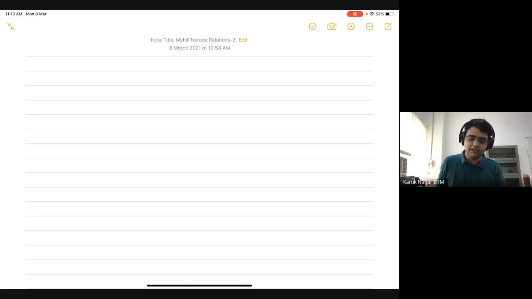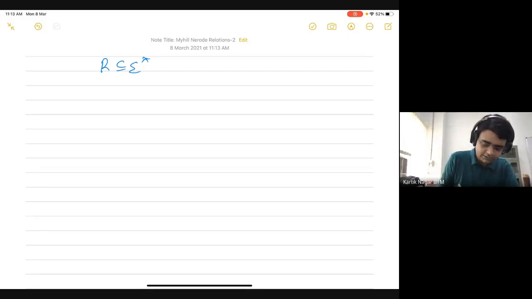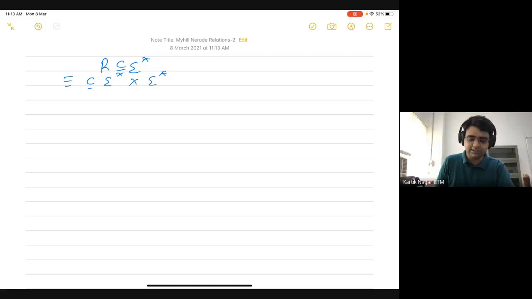Suppose you have some language R, which is a subset of sigma star. We don't even say that this is a regular language. We just say that there is some language R which belongs to sigma star. And suppose there is a relation on the strings present in sigma star, such that this relation satisfies all the properties that we just saw.